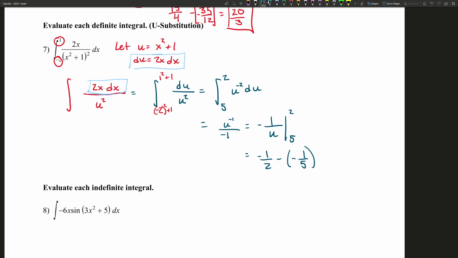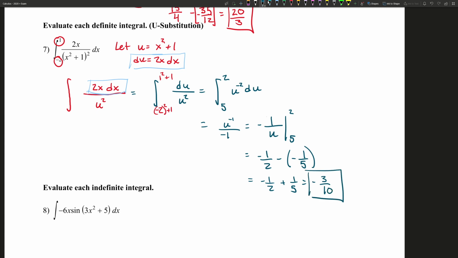So negative 1/2 plus 1/5, which again, we can add fractions. It's just negative 3/10. And that is our answer for that.